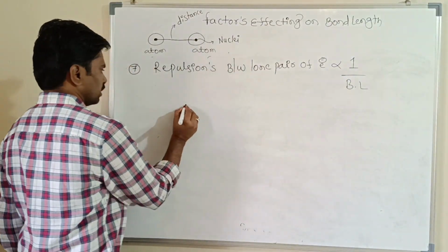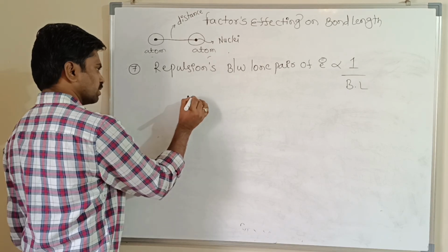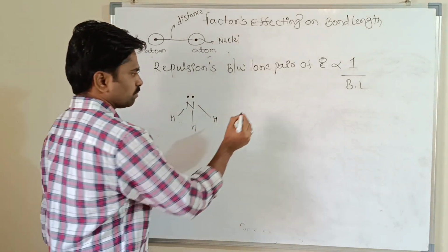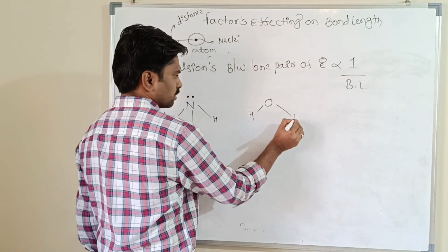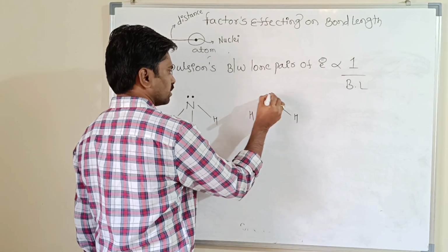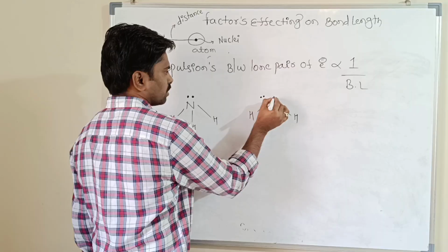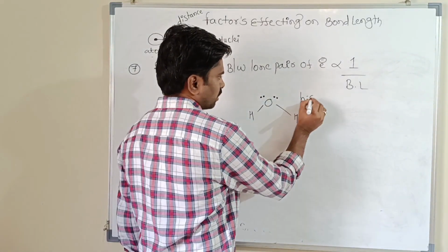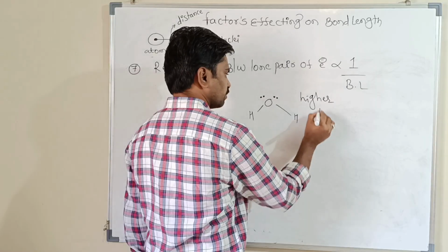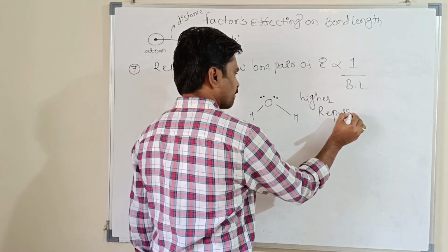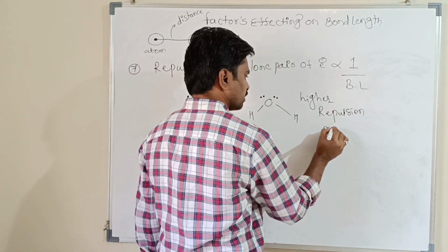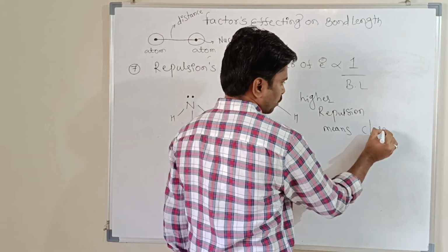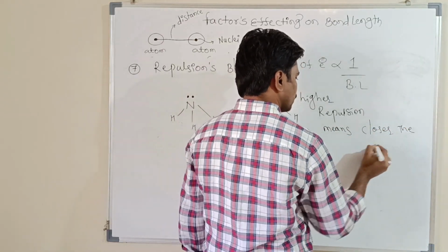I will give you an example here. Nitrogen has one lone pair, with hydrogen, hydrogen, and hydrogen. This is ammonia. And here is oxygen, where two lone pairs of electrons are present. So here there is excess, that is, higher repulsions. Higher repulsions mean closer bonds.